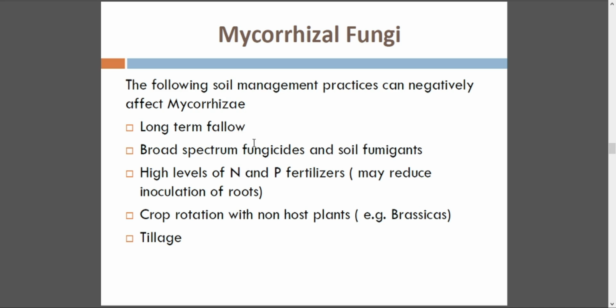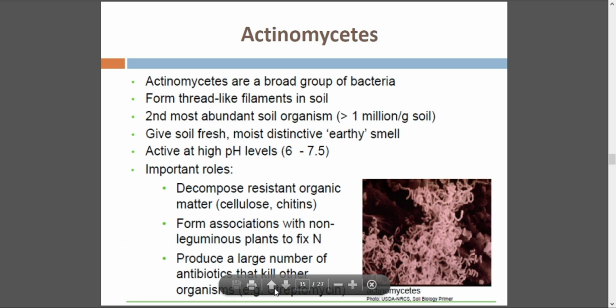Then we have actinomycetes, which are a broad group of bacteria, and these form thread-like filaments in the soil.